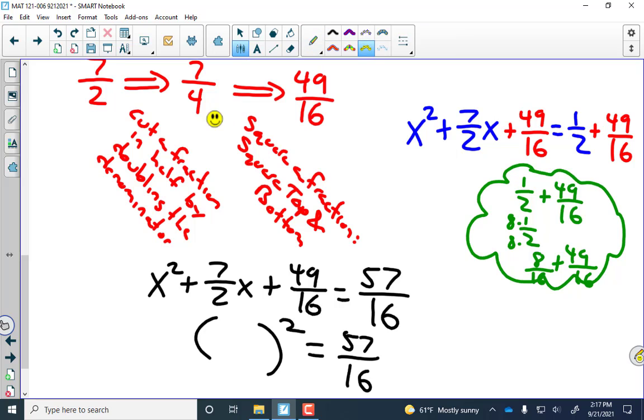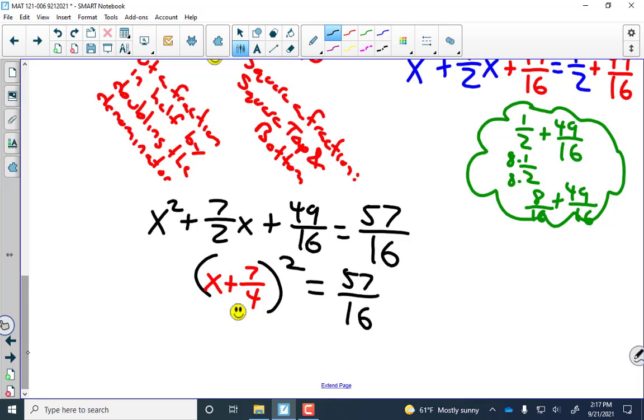You win this round. Yes. It's not a guesswork factoring, it's a using-your-work factoring. When we cut this in half, we got 7/4. That's what goes right here. That's the secret to factoring. You do not need to guess. You do not need to stare at these fractions for 2 days saying, how in the world do you factor that? It's x plus 7/4.